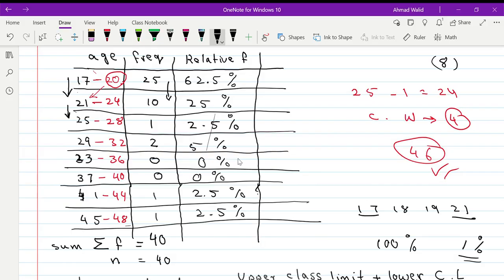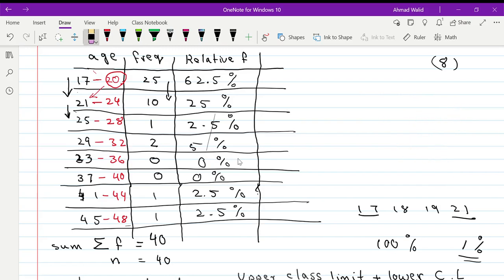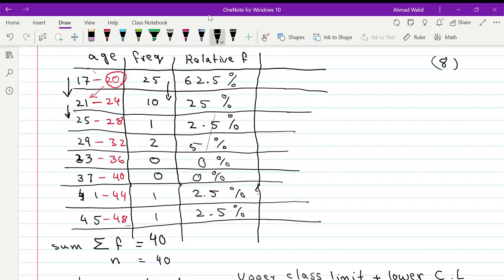If I want to create another column here, and I name this column cumulative frequency distribution, I will start with my first class, which is 25.